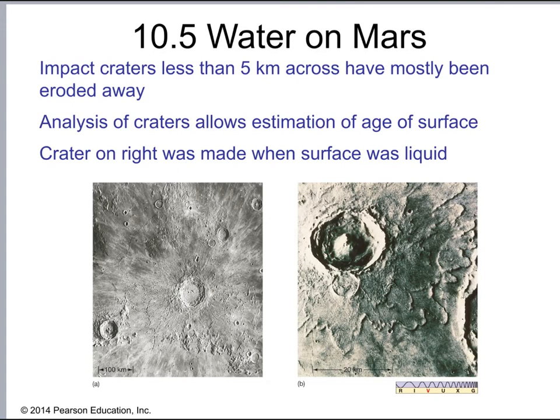One of the things we can note is that in this region, impact craters less than 5 kilometers across have mostly been eroded away. And by analyzing the craters on the surface, you can estimate the age of that surface, as we have talked about. Here we see a couple of images showing cratering, and the crater on the right was made when the surface was liquid, it is believed.